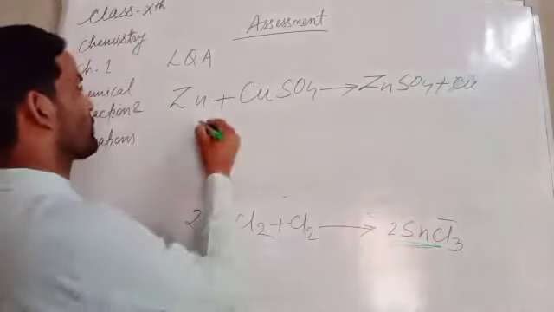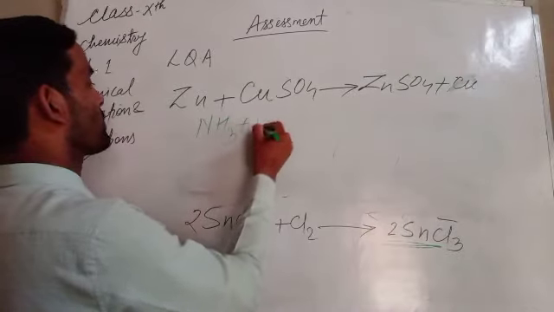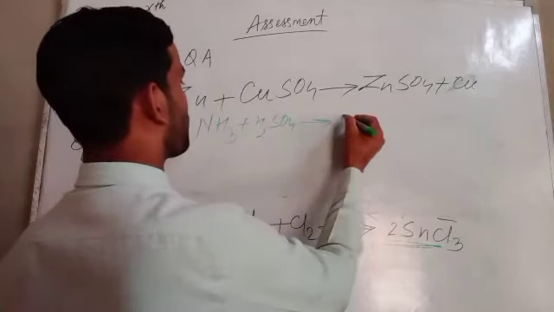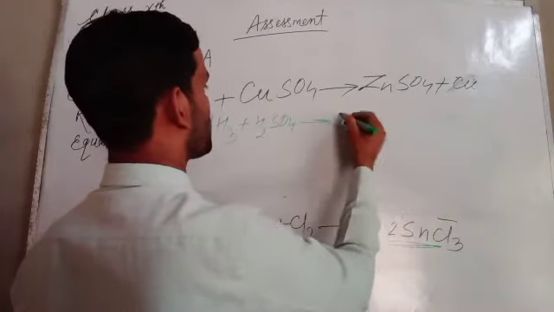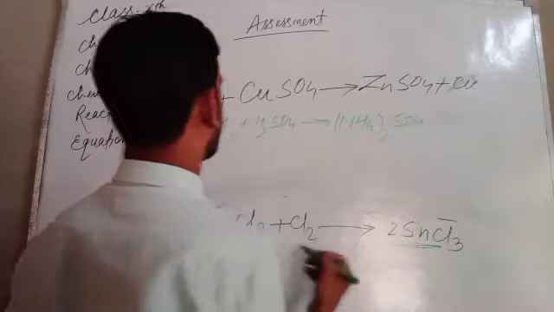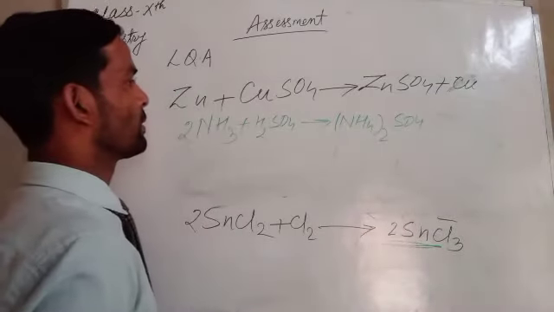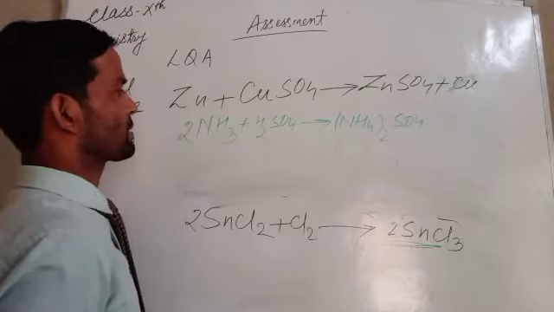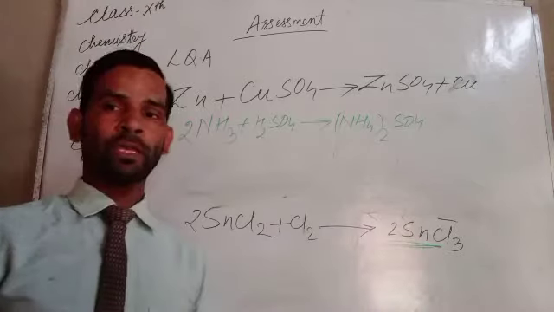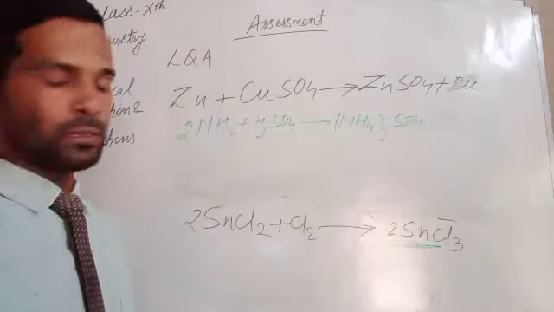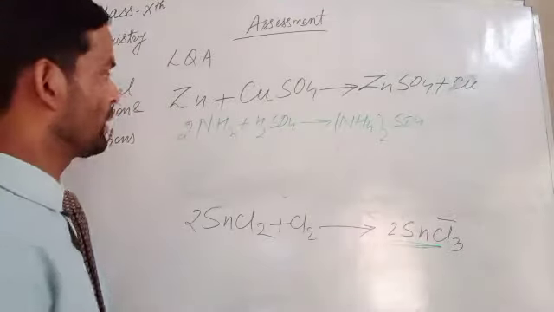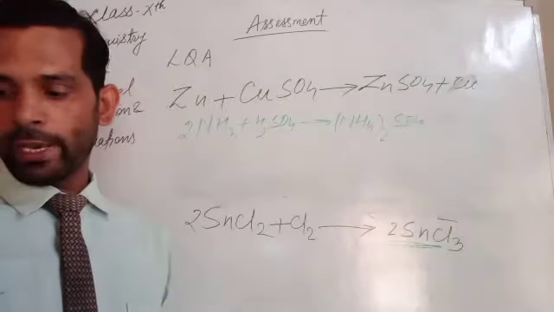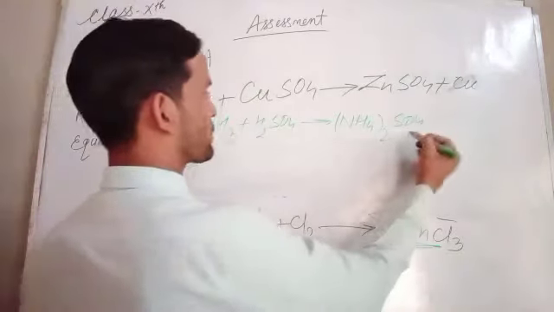NH3 plus H2SO4 will form (NH4)2SO4. So here there will be 2 molecules of NH3 plus H2SO4 giving (NH4)2SO4. Now it is balanced and it is called a combination reaction.